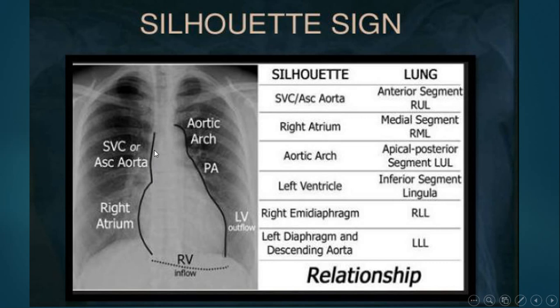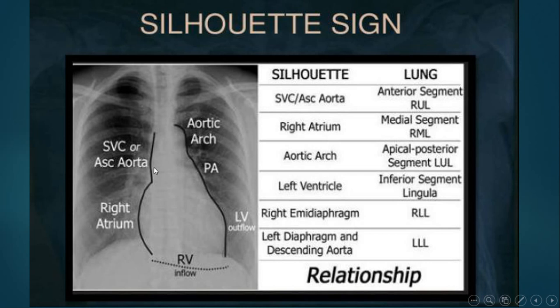So, this is what you should memorize, what you should know. If the SVC or the ascending aorta is silhouetted, the most likely part that is involved is the anterior segment of the right upper lung lobe. If this is silhouetted, the anterior segment of the right upper lung lobe is involved.